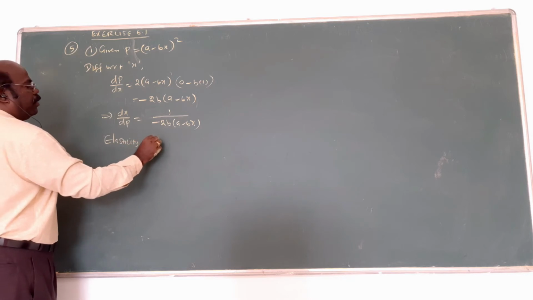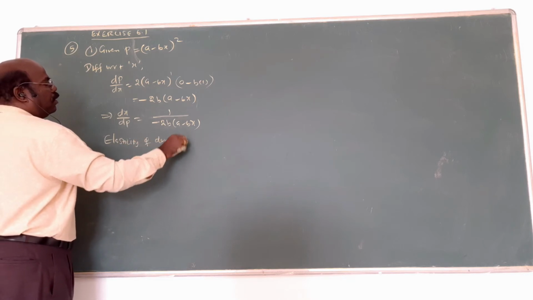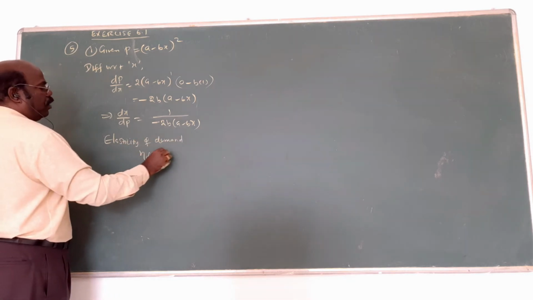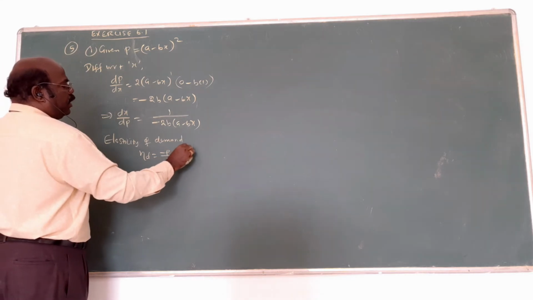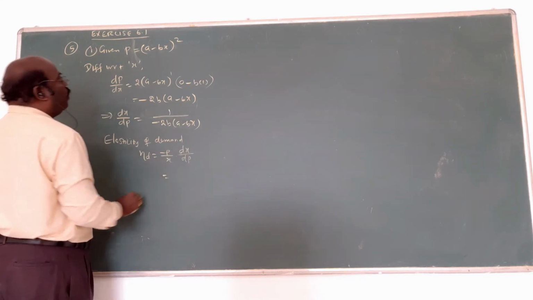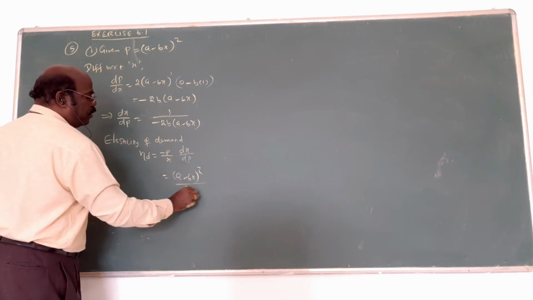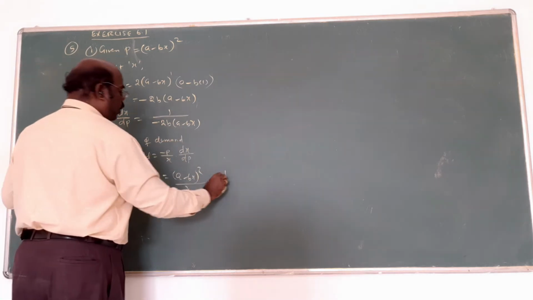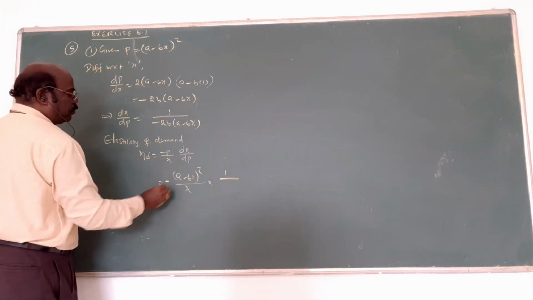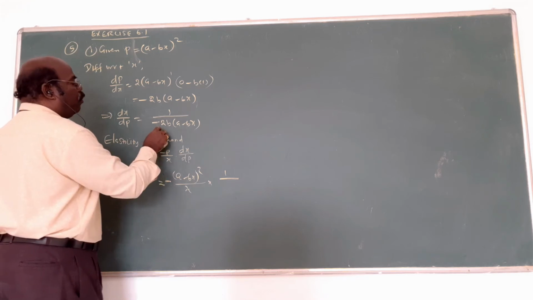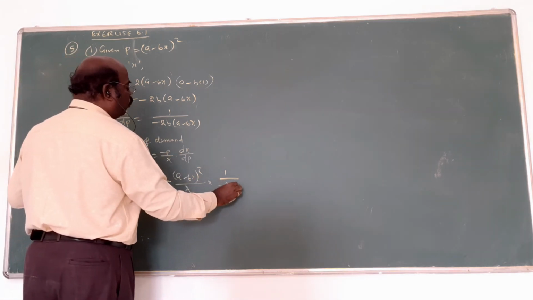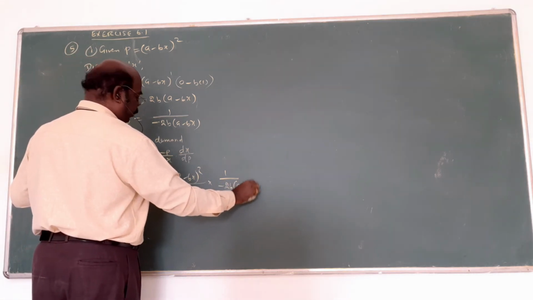Now write the formula. Elasticity of demand, what's the formula? Beta d equals minus p by x into dx by dp. p is (a minus bx) whole square, by x, into 1 divided by minus 2b into (a minus bx).